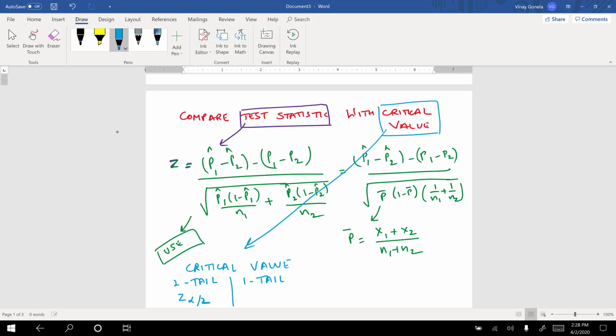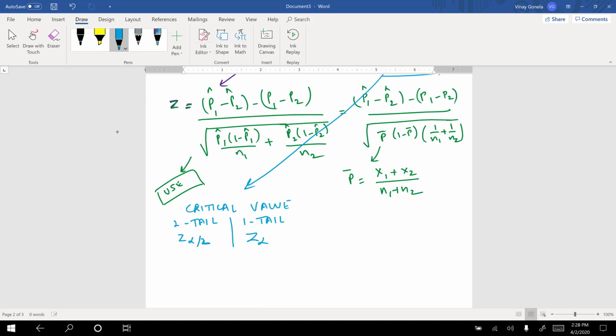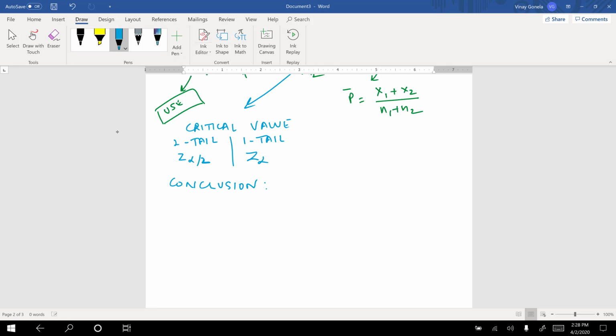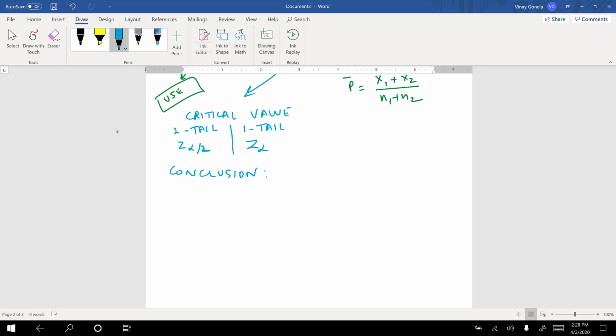For one tail it will be z alpha, and then finally we will make a conclusion for our hypothesis. So these will be the steps.